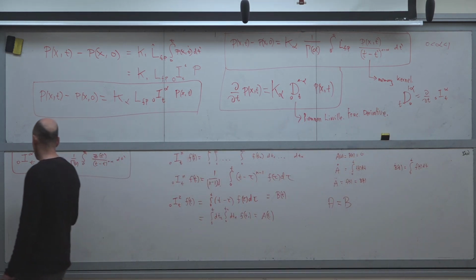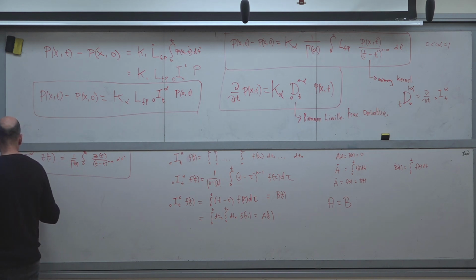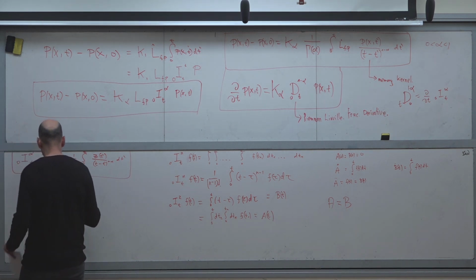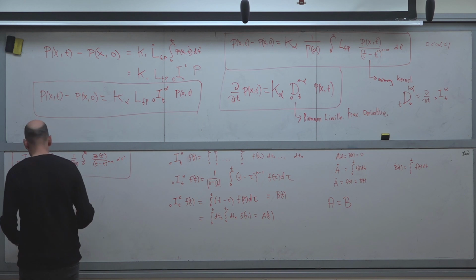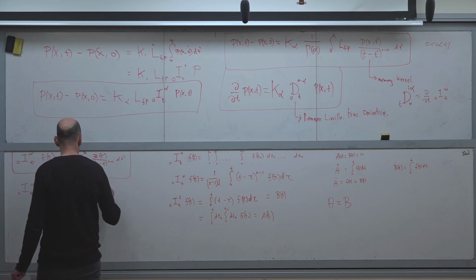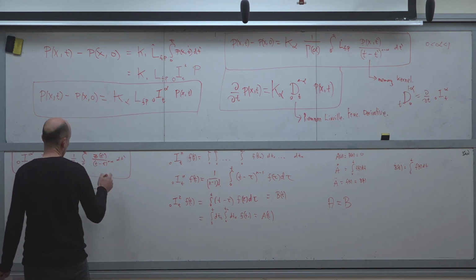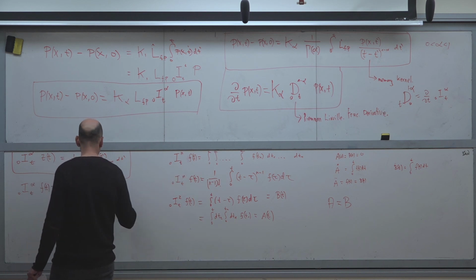So what is this object, let's say on a function f of t? This is the same definition that I gave you before. This is 1 over gamma of alpha, and here I have t minus t prime. Here I called it t prime, but let's call it tau like here.